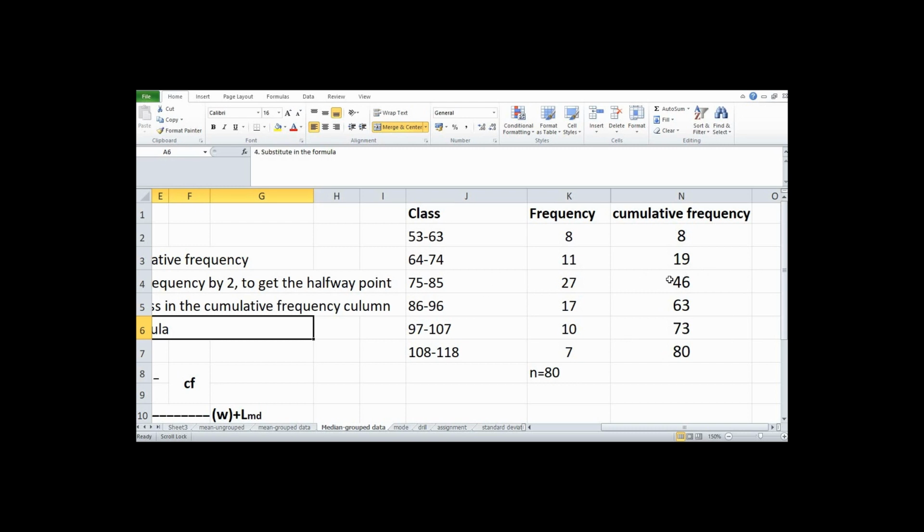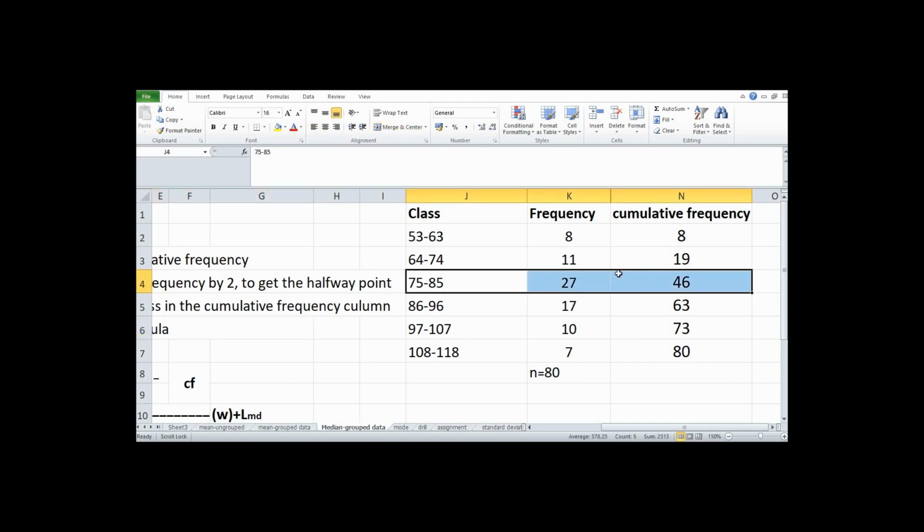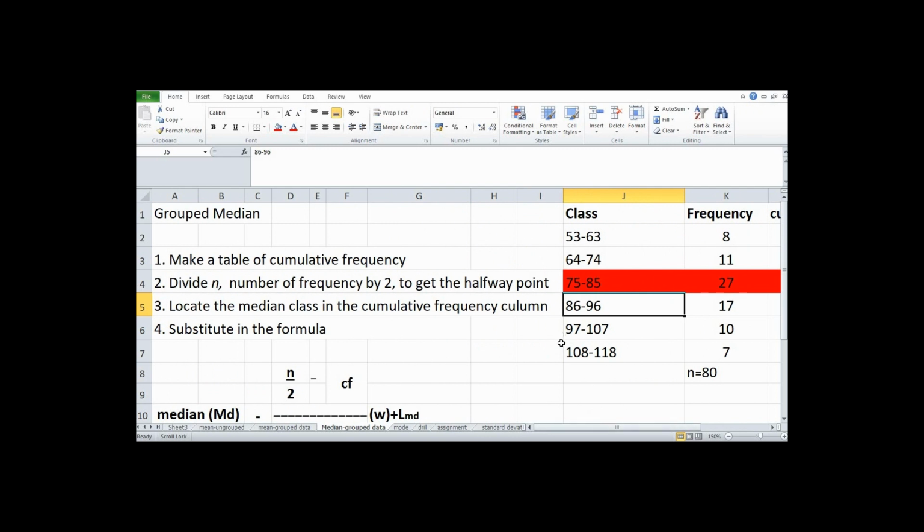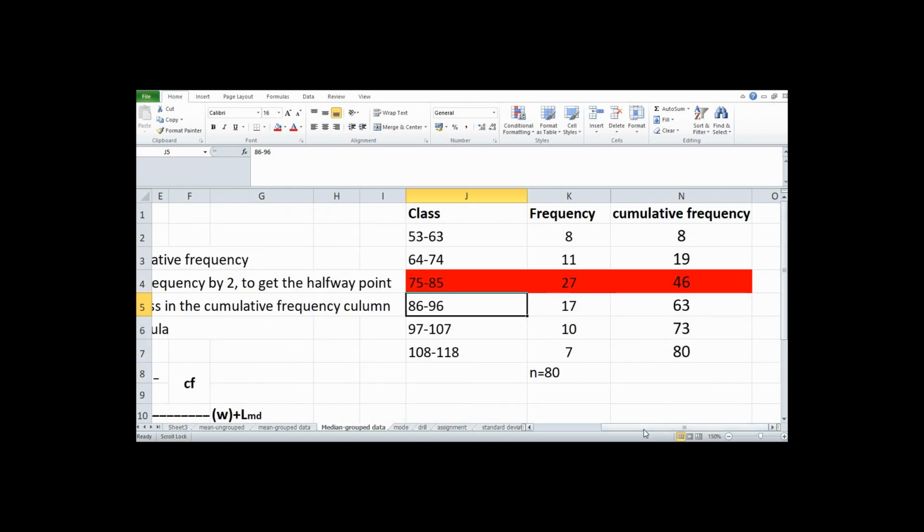That is 46. And therefore, our median class will be assigned on this particular line. We will use this as our median class. We have now found the median class.